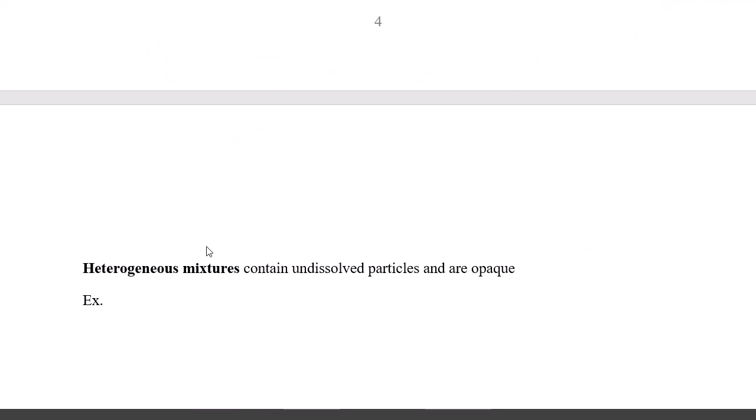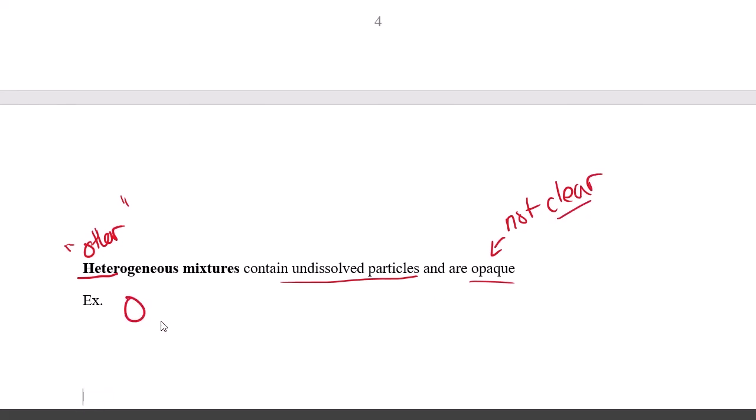Heterogeneous mixtures, right, as opposed to homo. Hetero meaning other parts that are visible, contain undissolved particles. They're opaque, right, meaning that they are not clear. You can't see through them. So examples here, some that we've said already, orange juice with pulp would be an example.